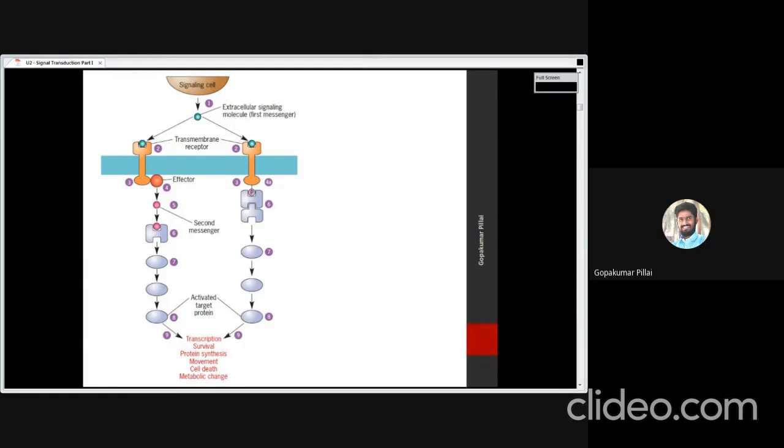The cell that synthesizes the extracellular messenger is called the signaling cell, and the molecule that is released for cell signaling into the extracellular space is called the extracellular signal molecule, or extracellular messenger, or also called a ligand, or also called the first messenger.